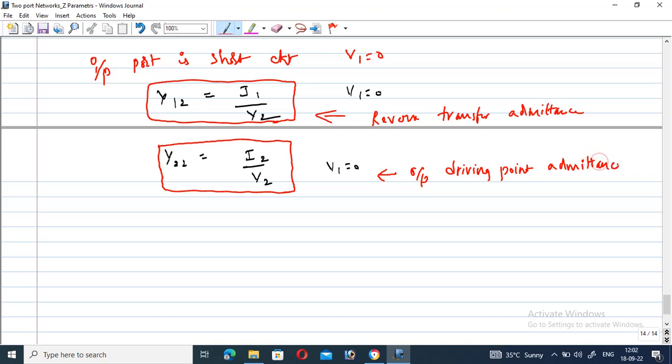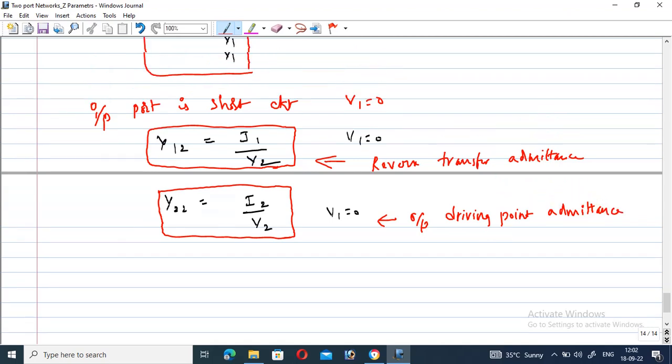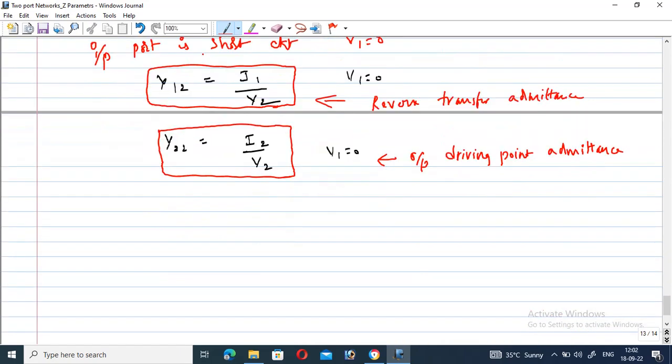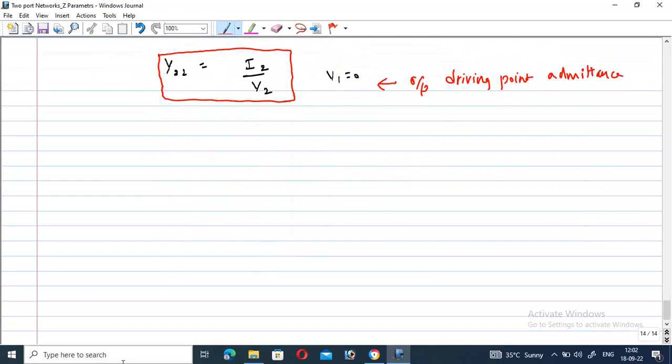Output driving point admittance. Okay, so this is also called Y21. This is called the forward transfer admittance. These are the names for the Y parameters of Y11, Y21, right?